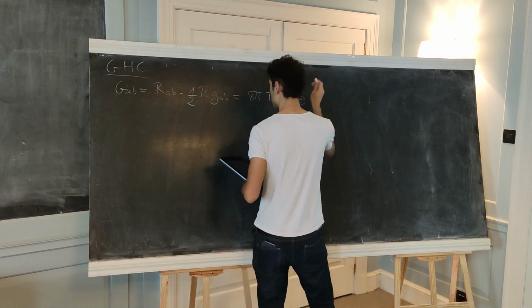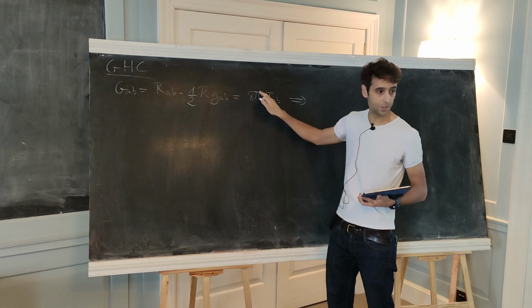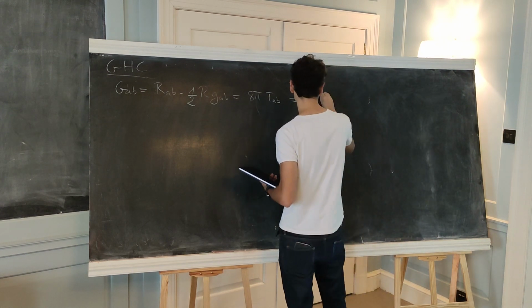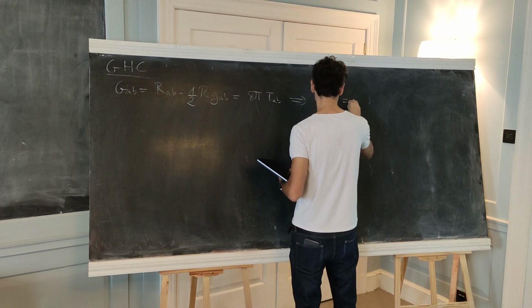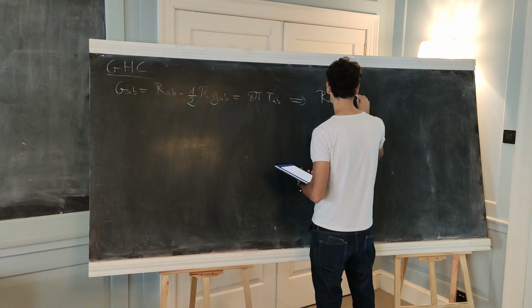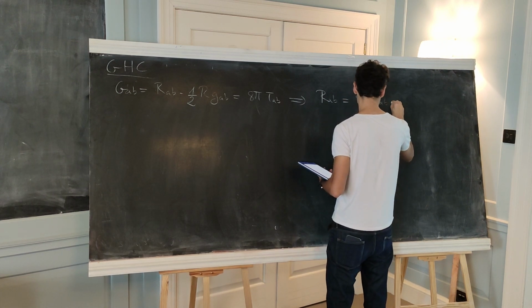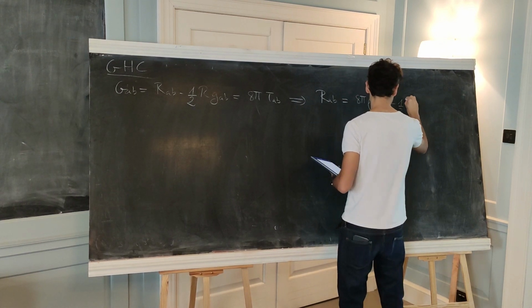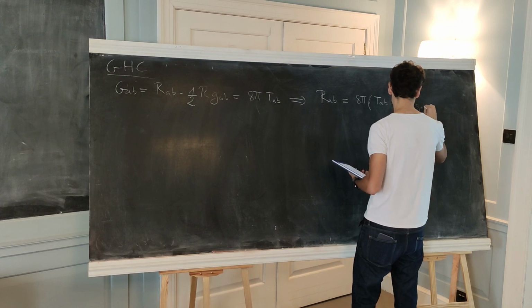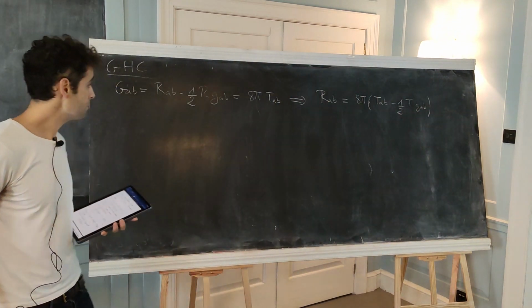You just take the trace and trade the trace of the Ricci for the trace of the stress-energy tensor. You get the trace-reversed version of the Einstein equations. That's just the same.